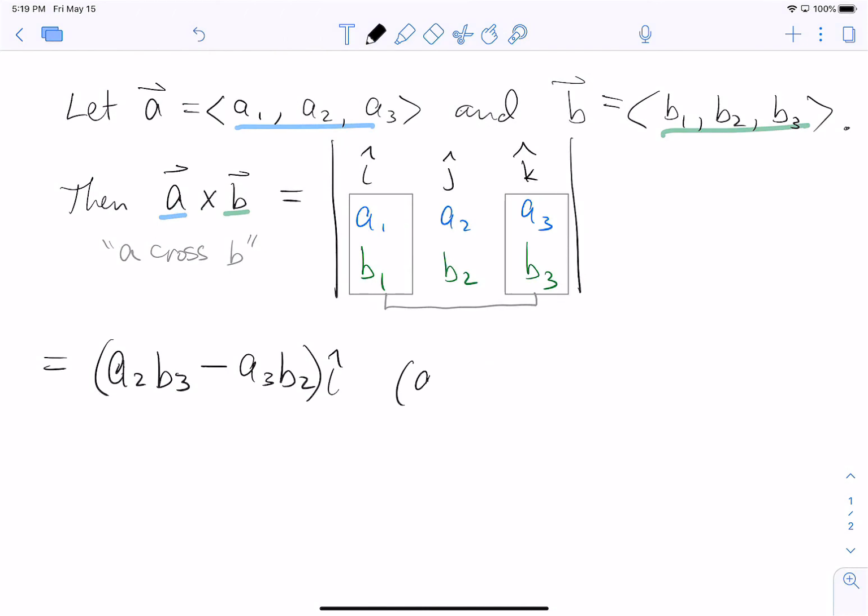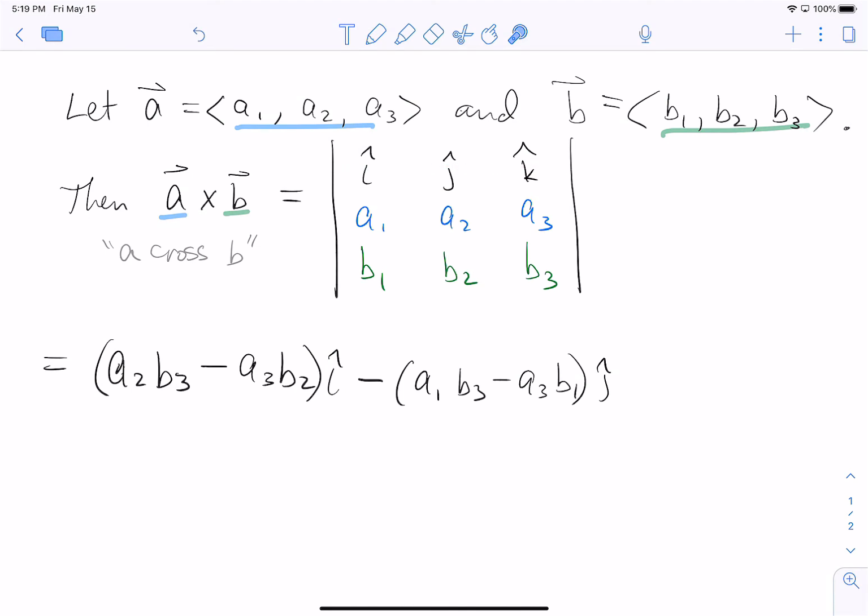So we have a1 b3 minus, multiplying the other diagonal, a3 b1, with a j. Now you may remember from computing determinants that for the first cofactor, we have a positive i times the minor. For the second cofactor, we would use a negative, right? So it's negative a1 b3 minus a3 b1, j.